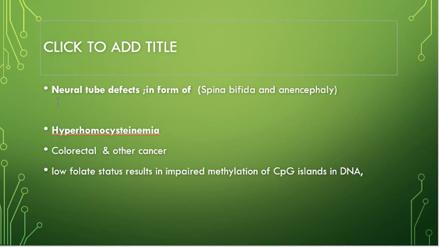Next, deficiency manifestation is the neural tube defect in the form of spina bifida and anencephaly. Both of these are types of neural tube defects. Basically, these are birth defects when the spine and spinal cord don't form properly.